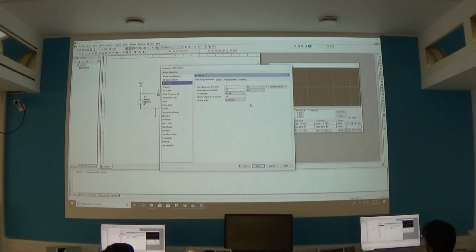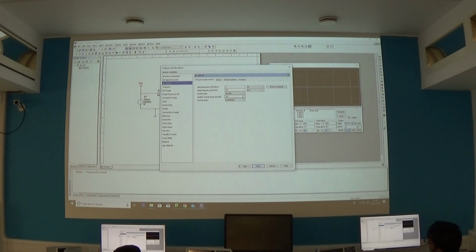Now the sweep type, in other words the frequency axis, I could set to decade, I could set to octave, I could set to linear. I'm going to leave it as decade for the time being, but I invite you to do some experiments with it in a minute.